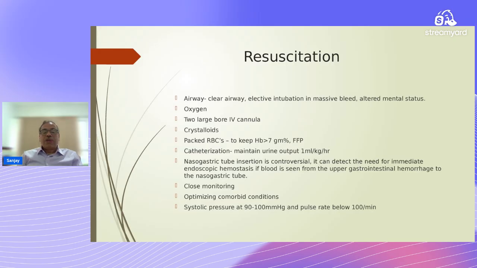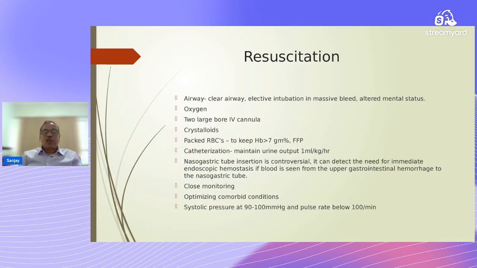The insertion of a nasogastric tube in a case of upper GI hemorrhage is slightly controversial and depends on center to center. However, it can detect the need for immediate endoscopic hemostasis if blood is seen from the NG tube in a patient of upper GI hemorrhage. Close monitoring in an ICU setting is very important for such cases because the situation may change very rapidly over a period of time.